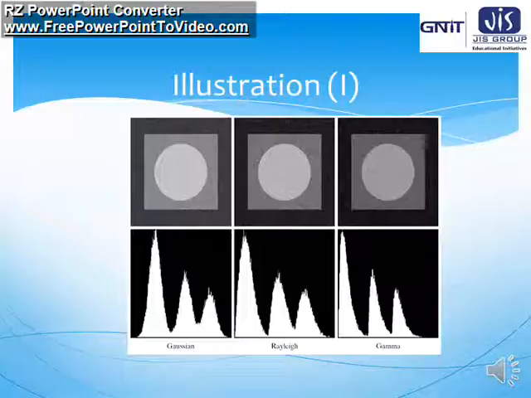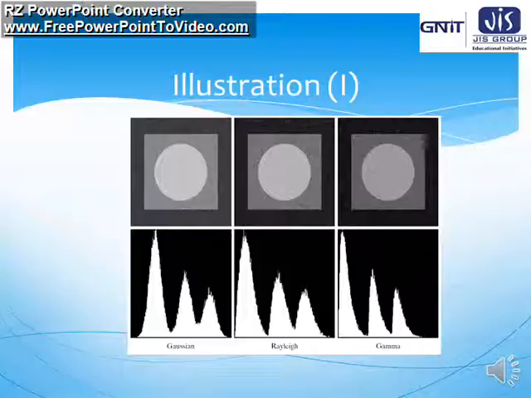The first one is the histogram of the image having Gaussian noise, the second one is the histogram of the image having Rayleigh noise, and the third one is the corresponding histogram representation of the image having gamma noise.